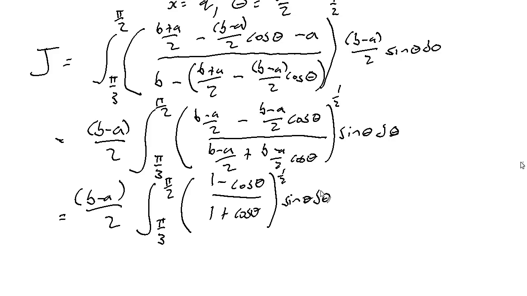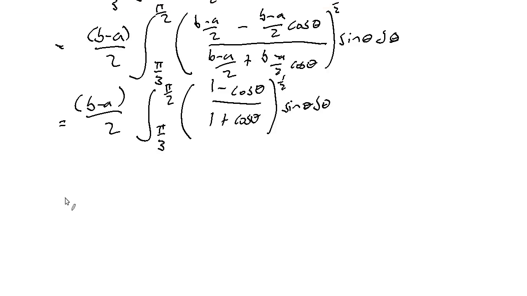Now we could do this again, or we could realise this is all part of the same question. So we can justifiably write (b minus a) over 2 times I.